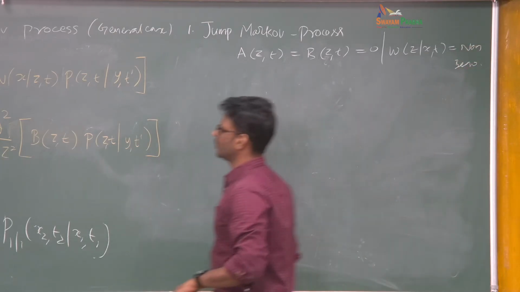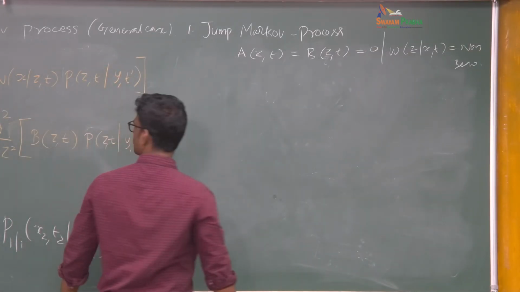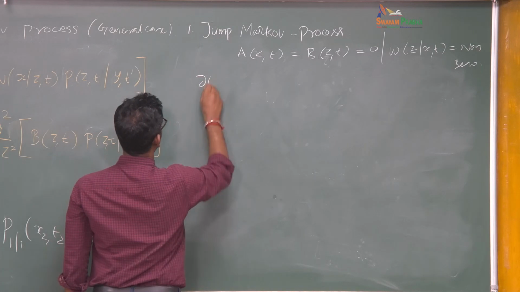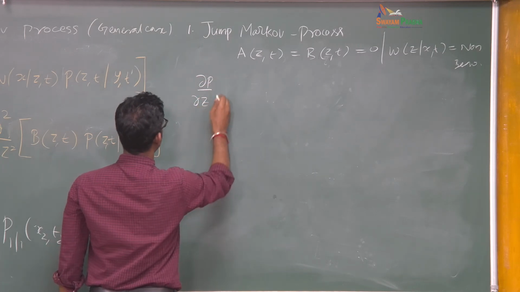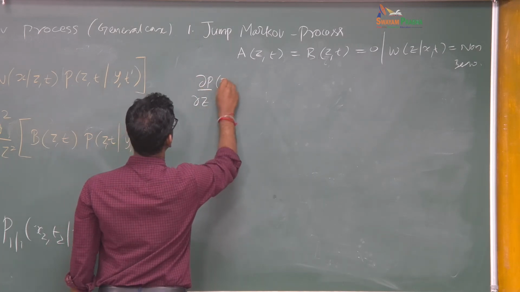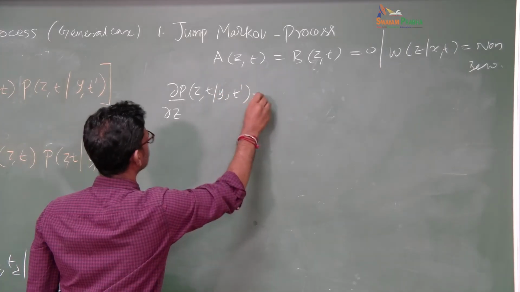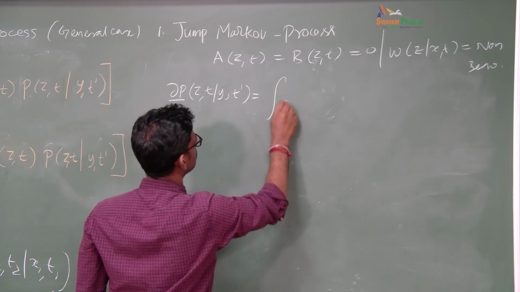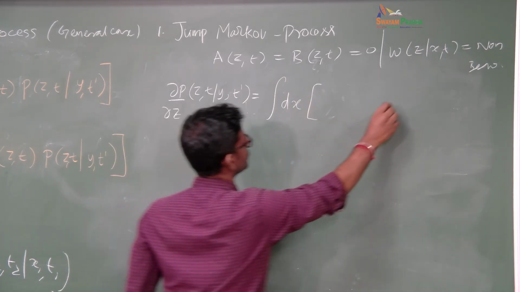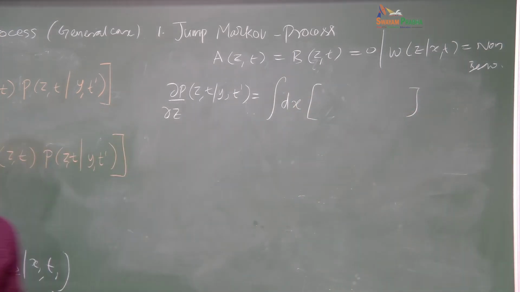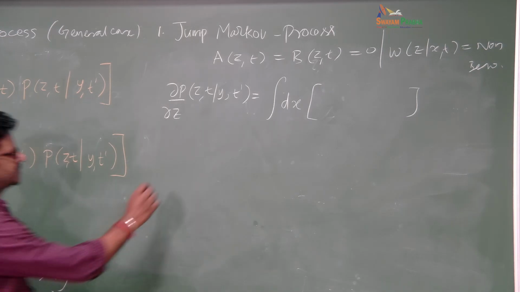Then we are talking about only this term. So we say that dou P by dou Z has only this term, and this we call a master equation.